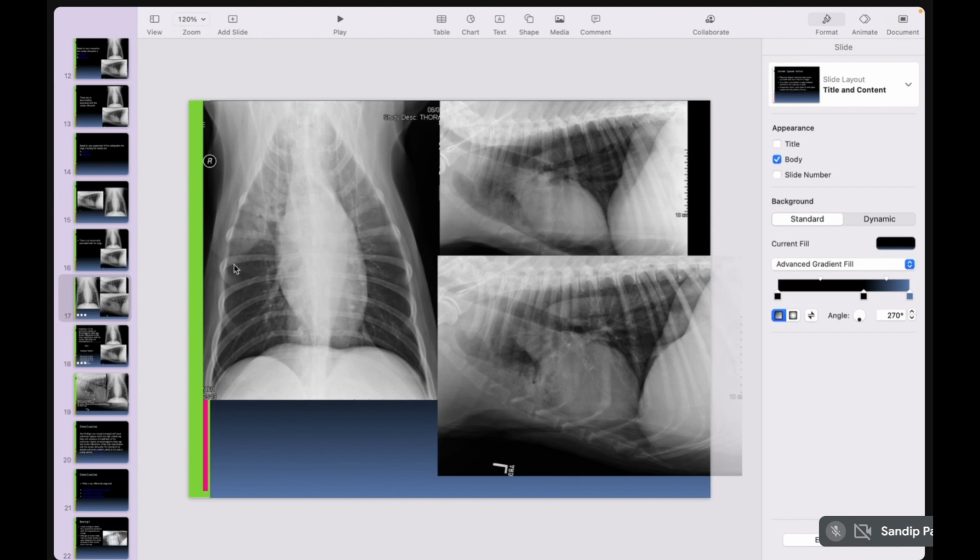You see, this we call the lobar sign. We can easily distinguish one lobe from another lobe. That is called lobar sign. So from these findings, we can easily say this is alveolar pattern.